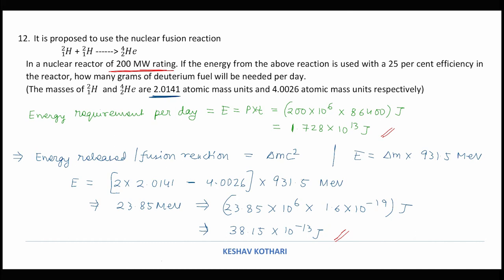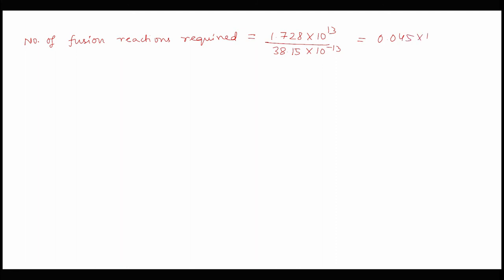All we need to do is divide these values: 1.728 into 10 to the power 13 by 38.15 into 10 to the power minus 13, and we obtain a value equal to 0.045 into 10 to the power 26. So this is the number of fusion reactions required.